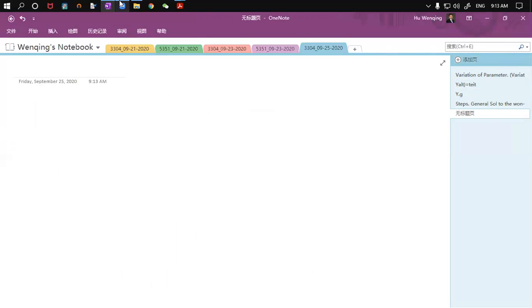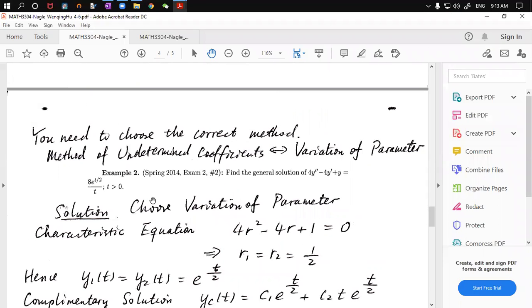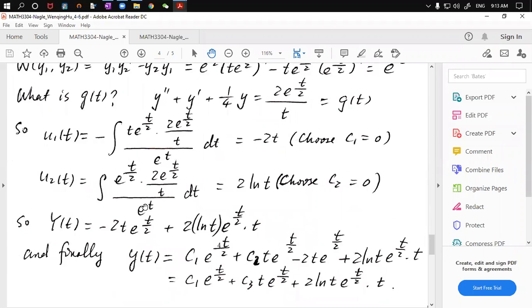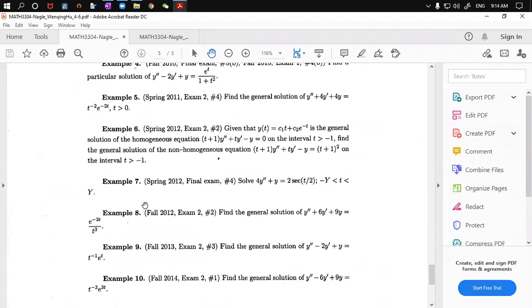Okay, so that's an example that I would like to show you regarding the variation of parameters method. There are a lot of examples that I have been providing in my lecture notes just to help you review this part of the material.